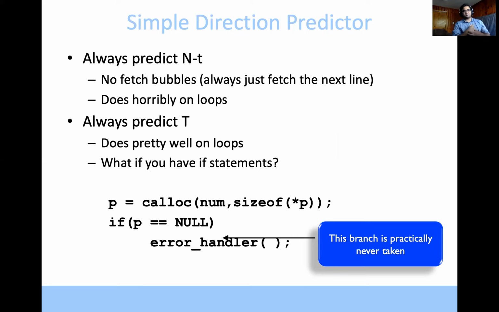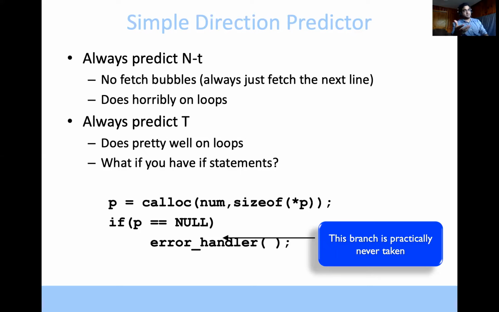It's really just a latch that always says one, or you even eliminate that and say, yes, I'm going to take this. Here's the branch. If you were to predict not taken all the time, you'd have no fetch bubbles. You always fetch the next instruction, but then it's going to do horribly on loops because you're never going to loop back. You're always going to start going forward.